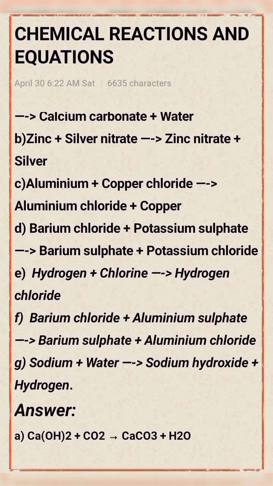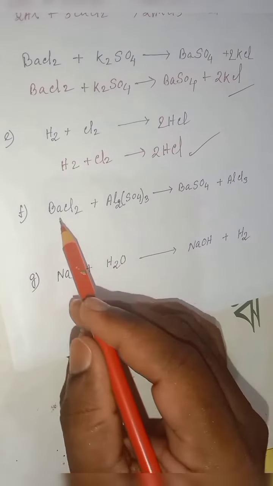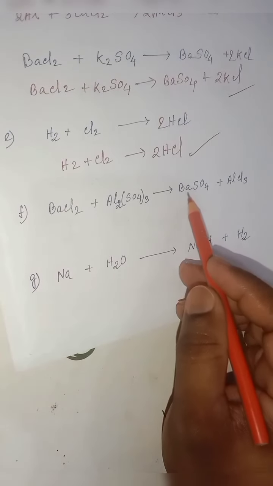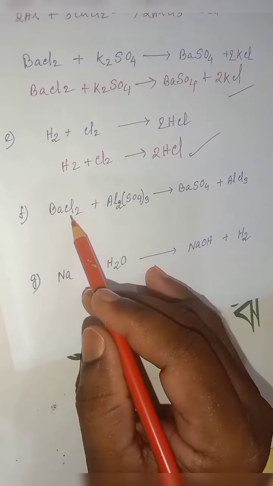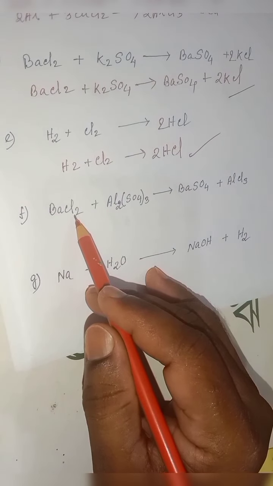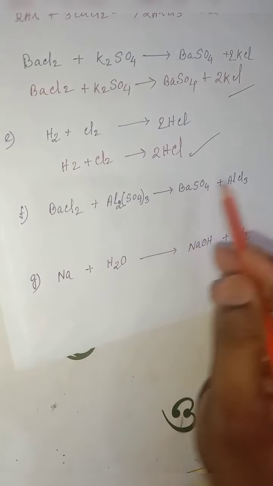Next, F: the reactants barium chloride plus aluminum sulphate, the products barium sulphate plus aluminum chloride. Number of barium 1 and 1, but the number of chlorine atoms is 2 on the left hand side and 3 on the right hand side.